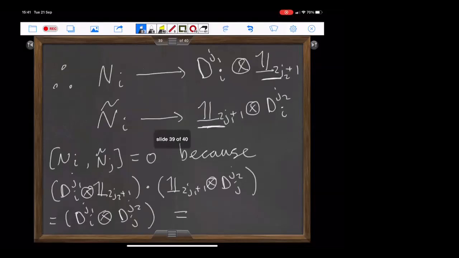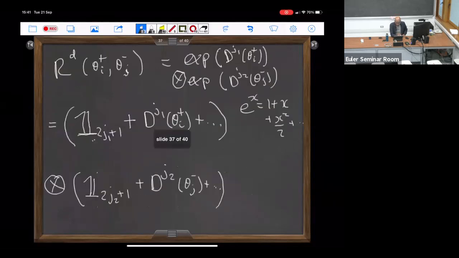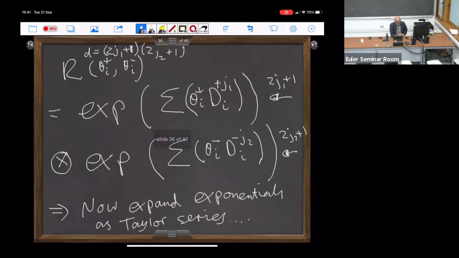That's what I meant by this. When I wrote out the thing at the beginning, the point is that you've got two SU2s. I'm just taking a representation of the first SU2, and then tensoring it with a representation of the second SU2.